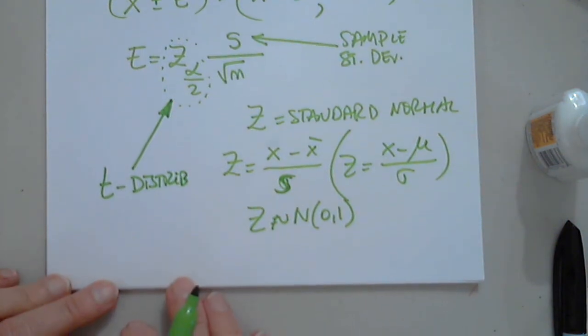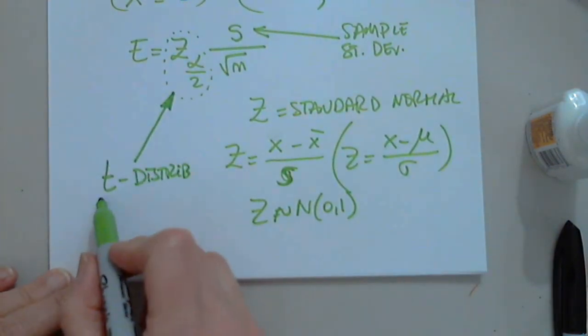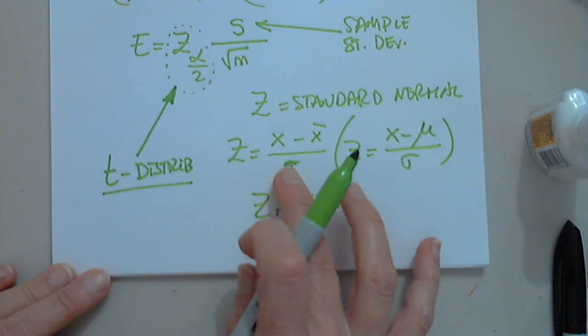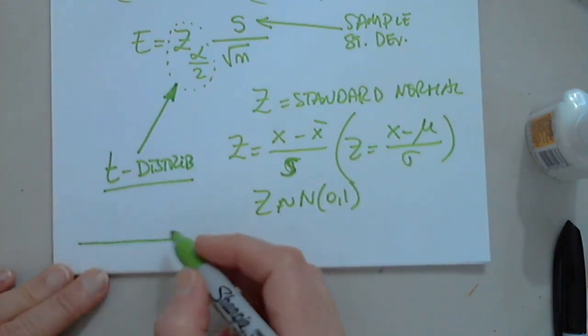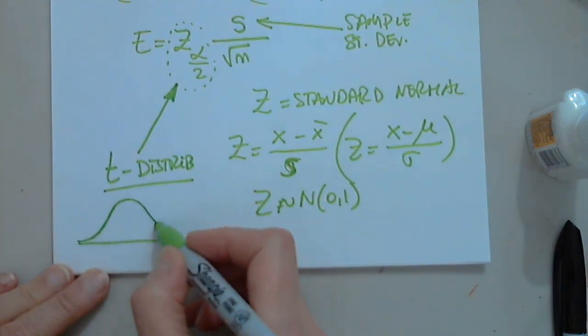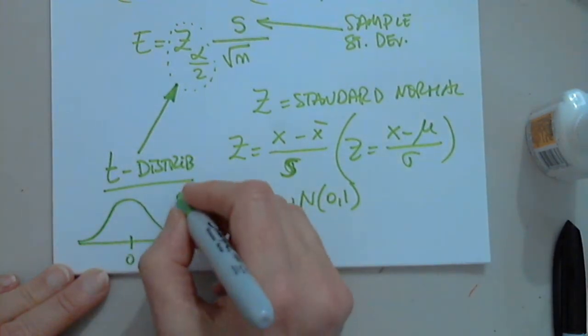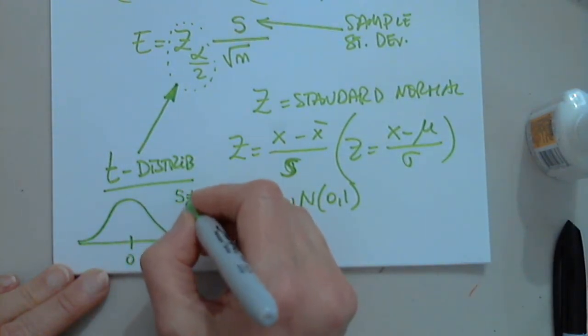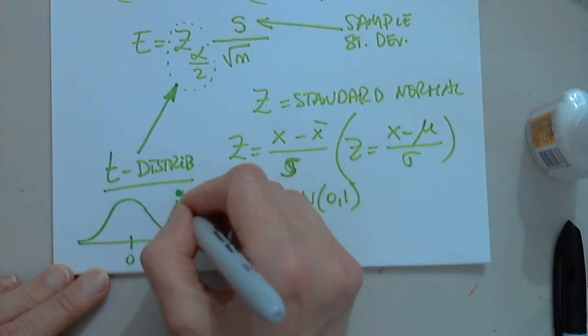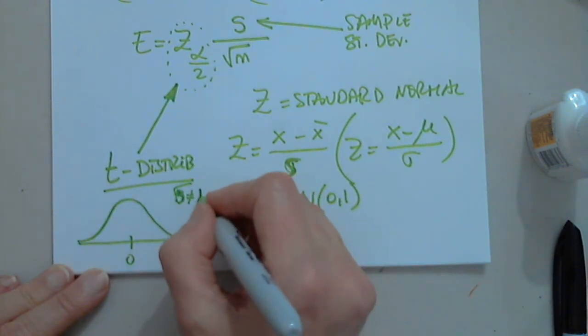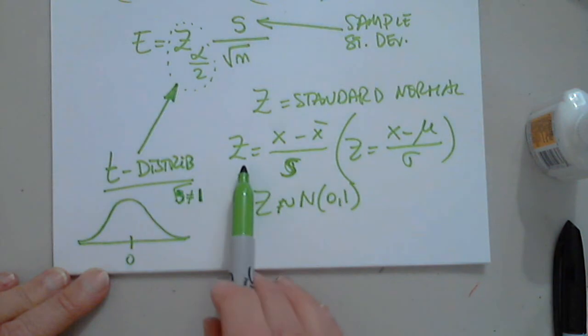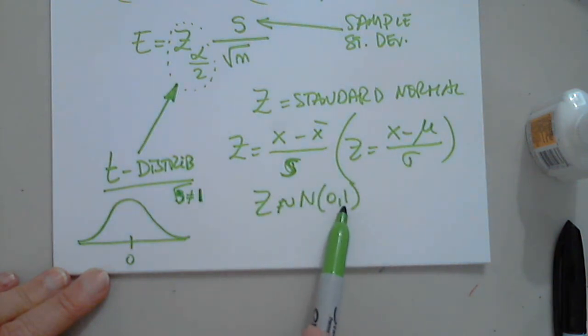T distribution. T distribution looks like z. What does that mean? It looks like this, is centered at 0. It does not have standard deviation 1. So let me use sigma this time. Sigma is not 1 like it was for z, right? 0 and 1.